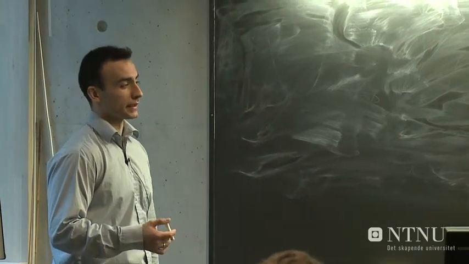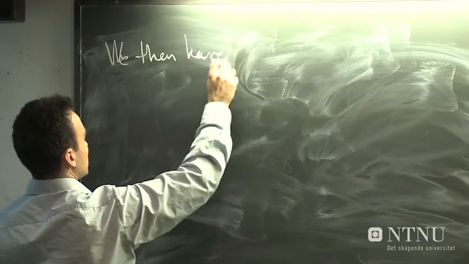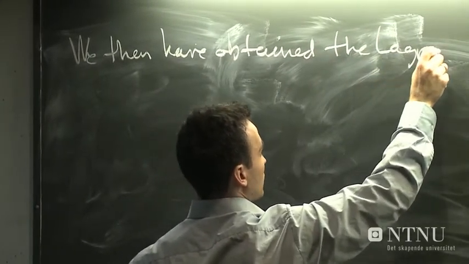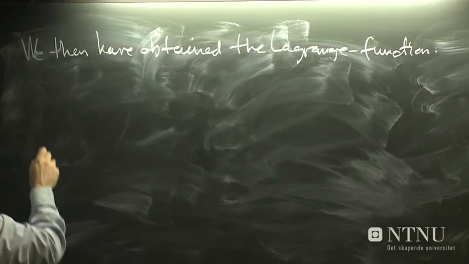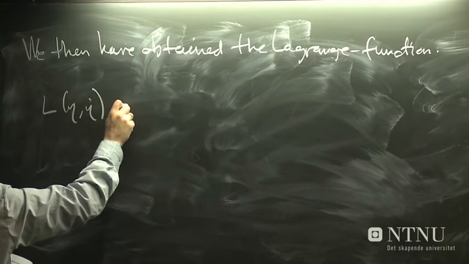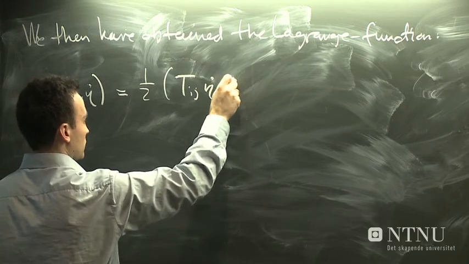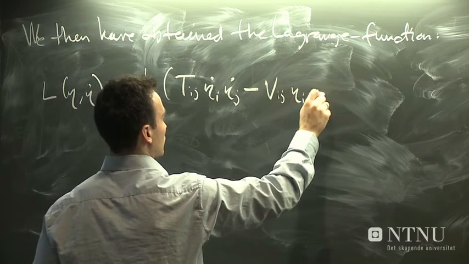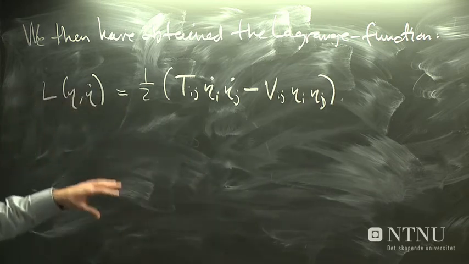All right, so we have the kinetic energy, we have the potential energy, and hence we should be able to write down the Lagrange function, which looks like this.